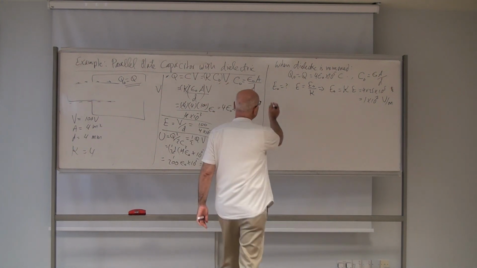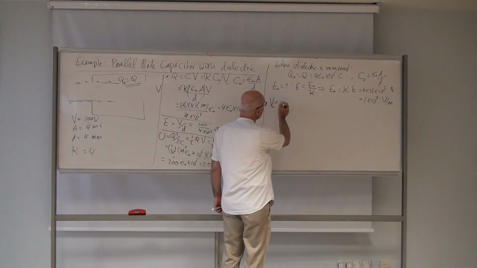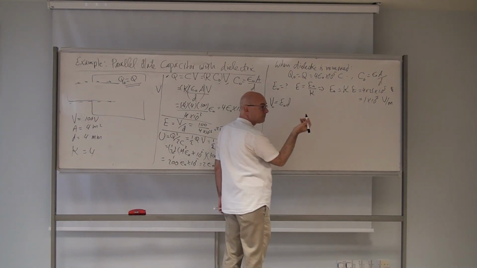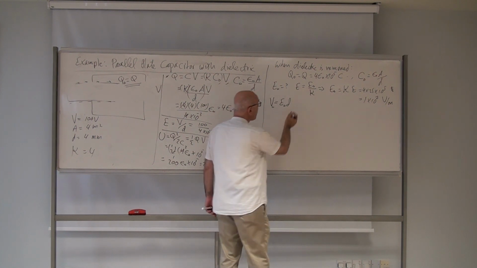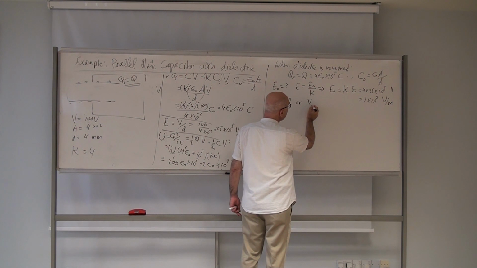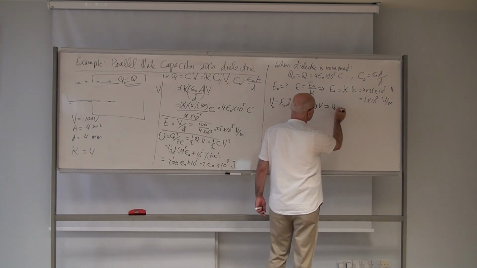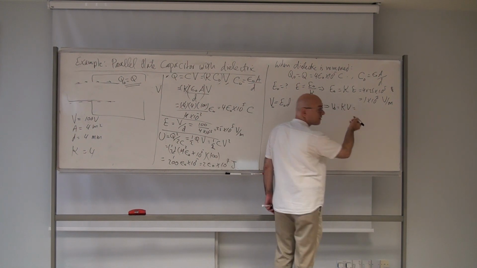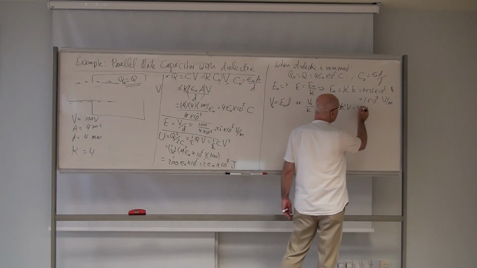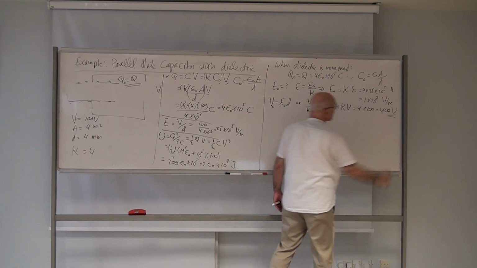Now, what about the potential? V in this case, or V naught? Well, V naught, you can think of it as equal to E naught D. Or, simply, you can say that in this case, V naught over kappa was equal to V, so V naught is equal to kappa V, which is 4 times V, and this will be 4 times 100, so it will be 400 volts.